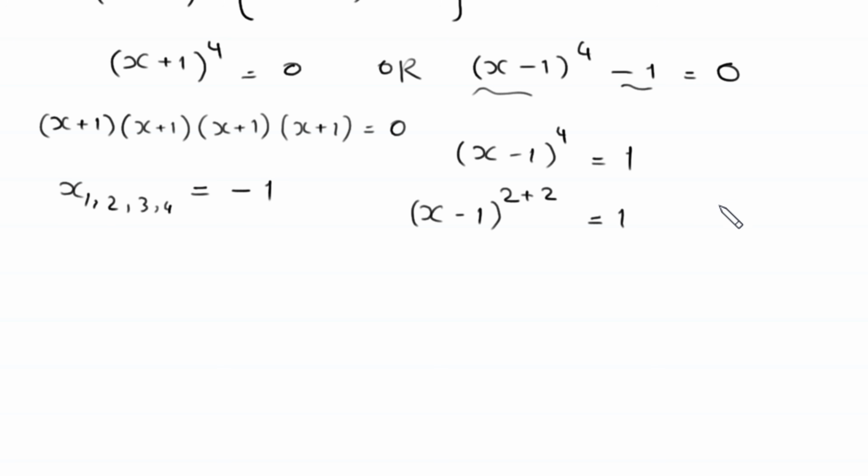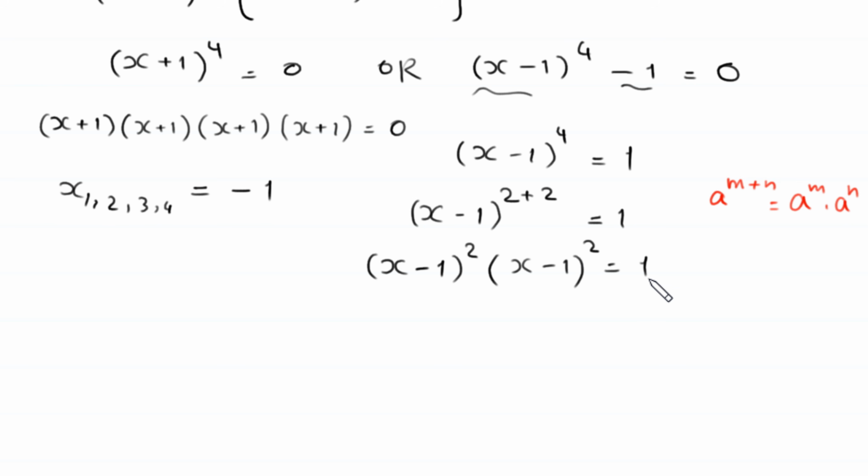Now by using this power rule, a to the power m plus n is equal to a to the power m times a to the power n, this x minus 1 whole to the power 2 plus 2 will become x minus 1 whole squared times x minus 1 whole squared is equal to 1.